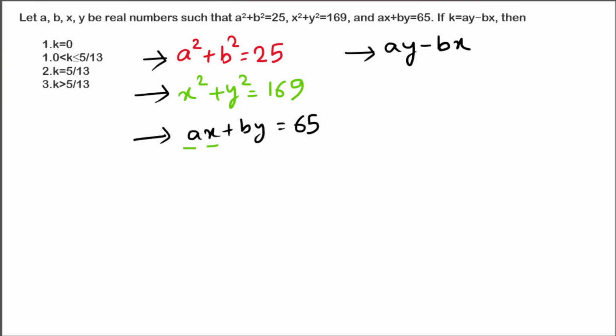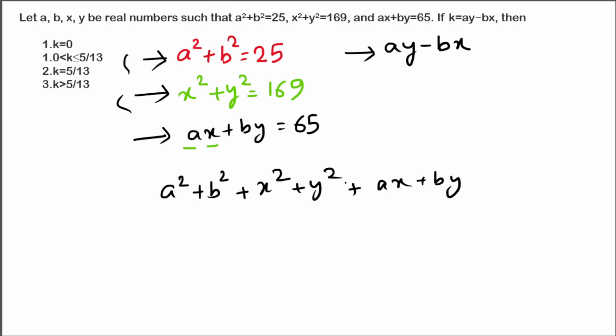Okay, so this wrong approach would say that a square plus b square, let us add them all up, this x square plus y square, and then we will do ax plus by. Like we will have 2ax and 2by because we want to express the whole thing in some square terms, right? Now you see this a square, b square, x square, y square, 2ax and 2by, all of them will form something.